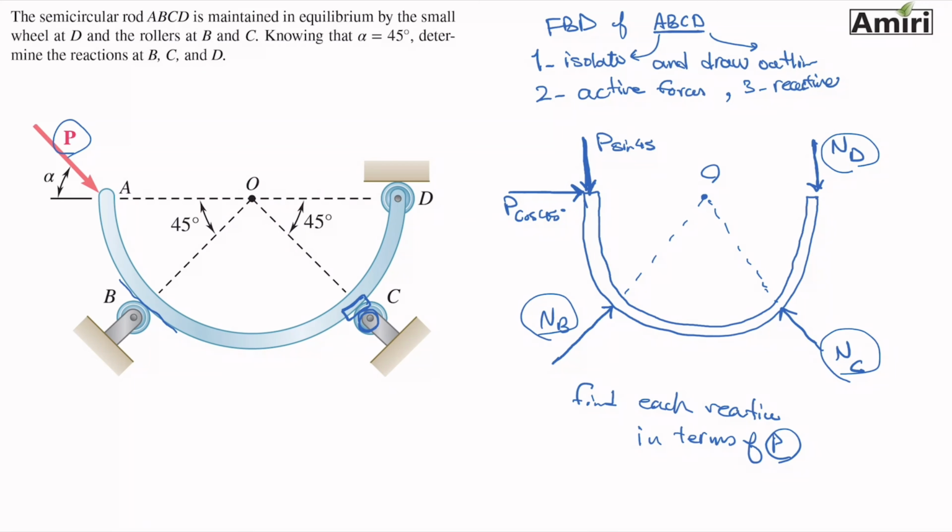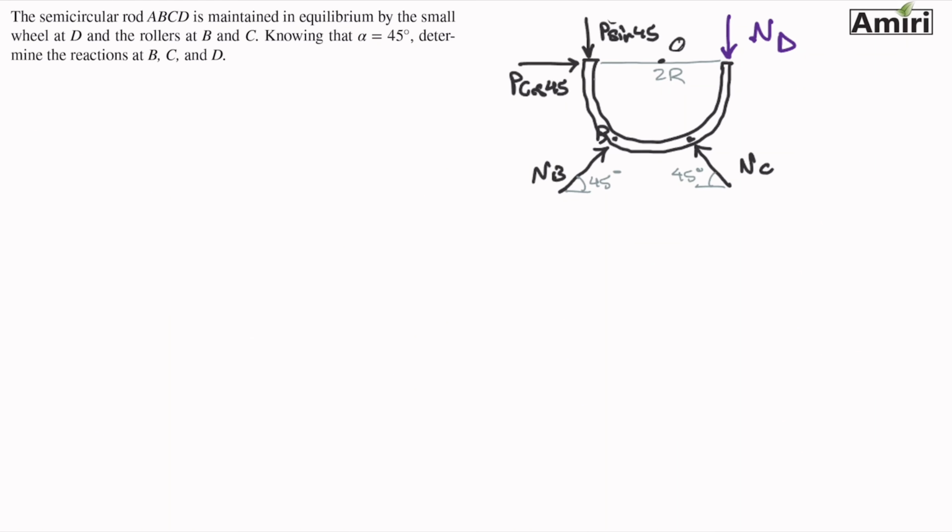All right, let's just start with our three equations and start solving. So I kind of redraw it here. Starting with equations of equilibrium. Both NB and NC pass through point O. So let's take a moment about point O in order to find my ND right away.